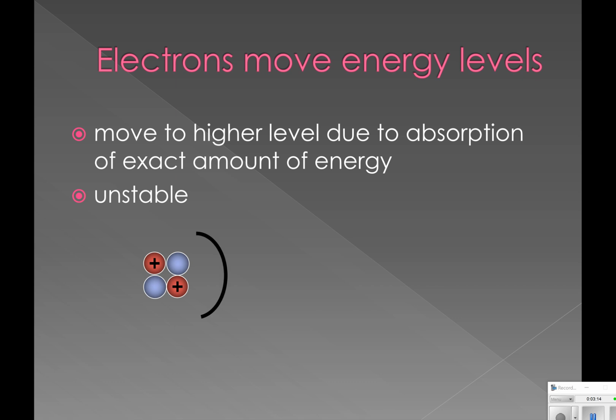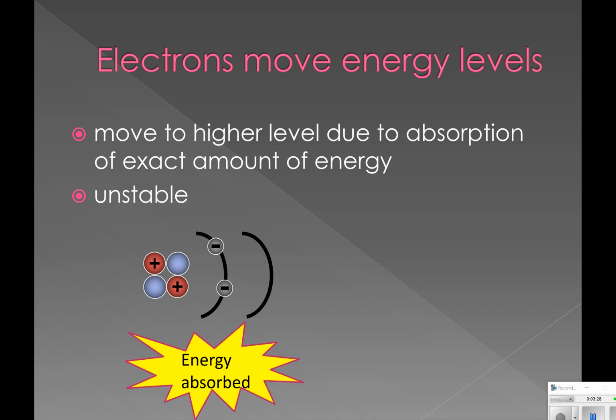Now, we'll see in this little simulation here, we have 2 electrons and 2 energy levels with the nucleus represented on the left. Now, if this atom absorbs energy, or the electrons absorb energy, they can move to that higher energy level, and they kind of jump up to that next energy level. This is unstable. Higher energy levels are considered unstable.